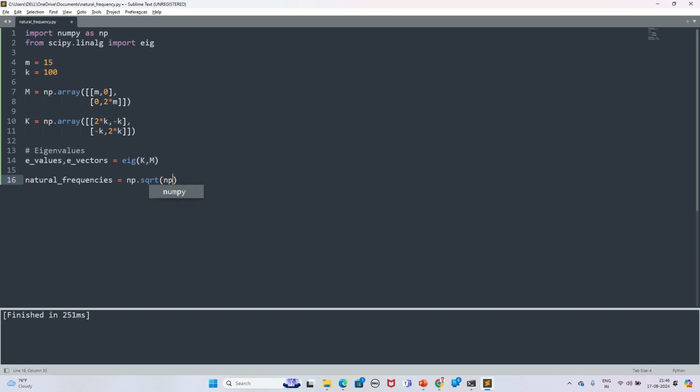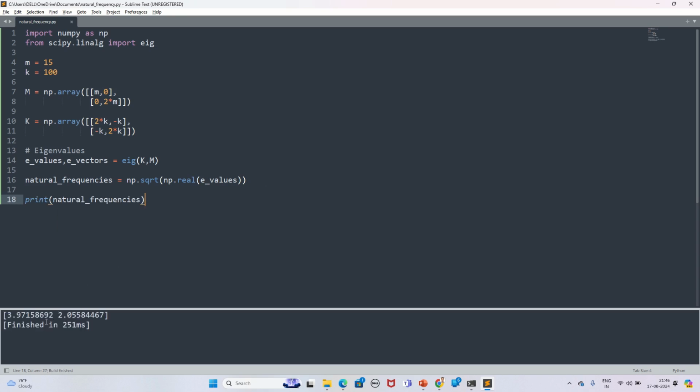So again we will use np.real to get only the real part of the eigenvalues, e_values. Okay, so we got it, and now we can print natural frequencies.